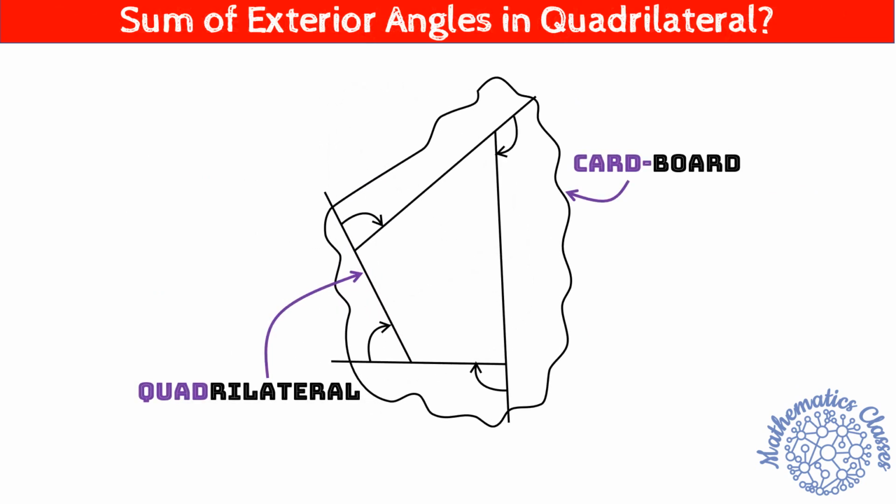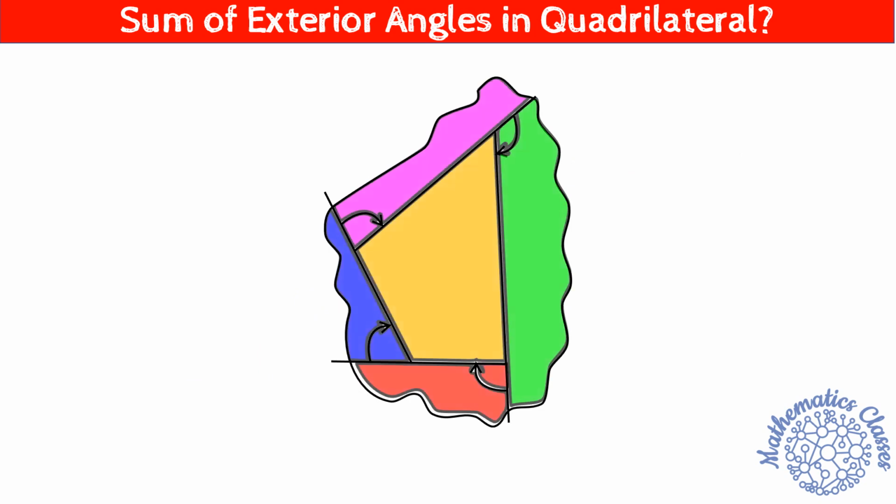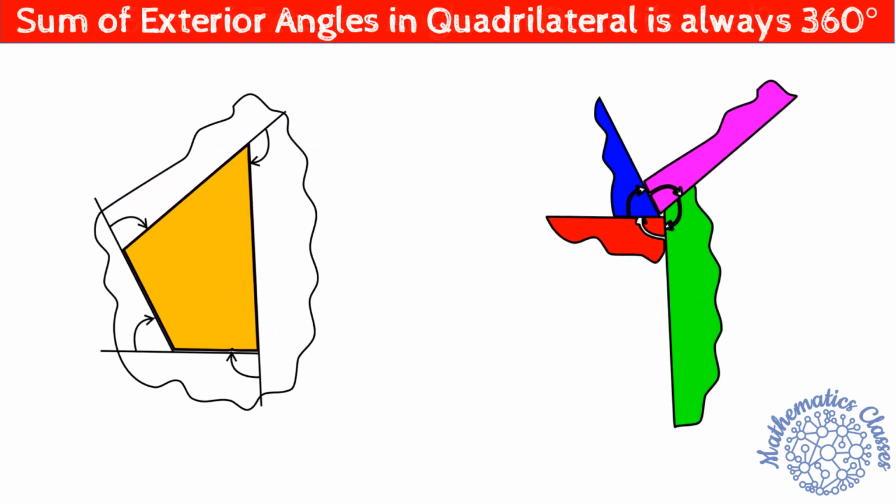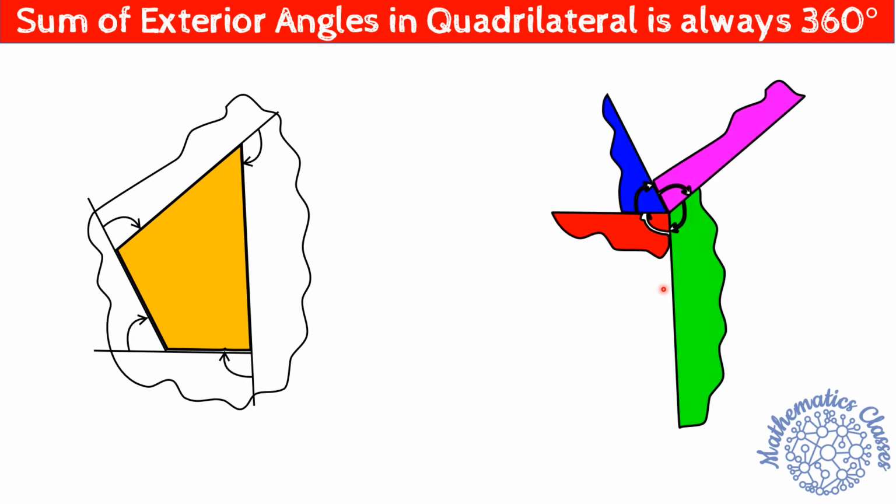We can repeat the same cardboard activity for a quadrilateral shape. Draw one random quadrilateral and extend its sides to measure the exterior angles. But here we have taken the exterior angles in clockwise direction. Then fill different colors in its exterior parts, and cut out all the exterior parts to arrange them around a point.